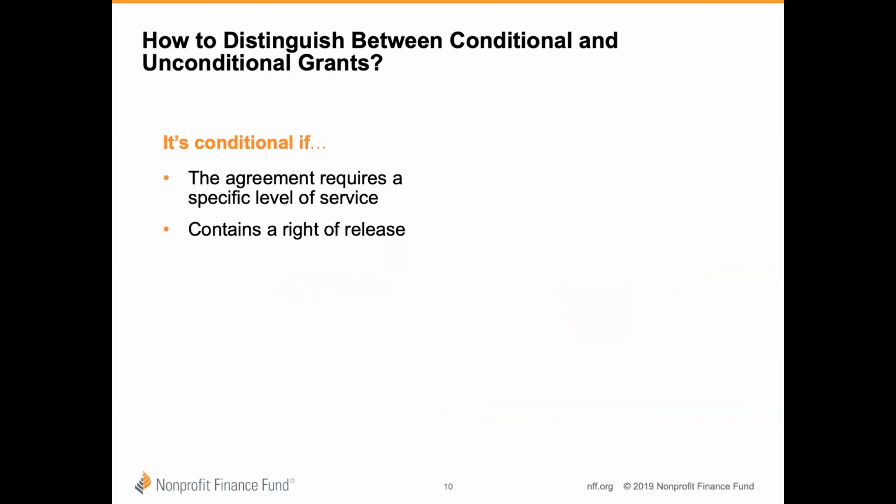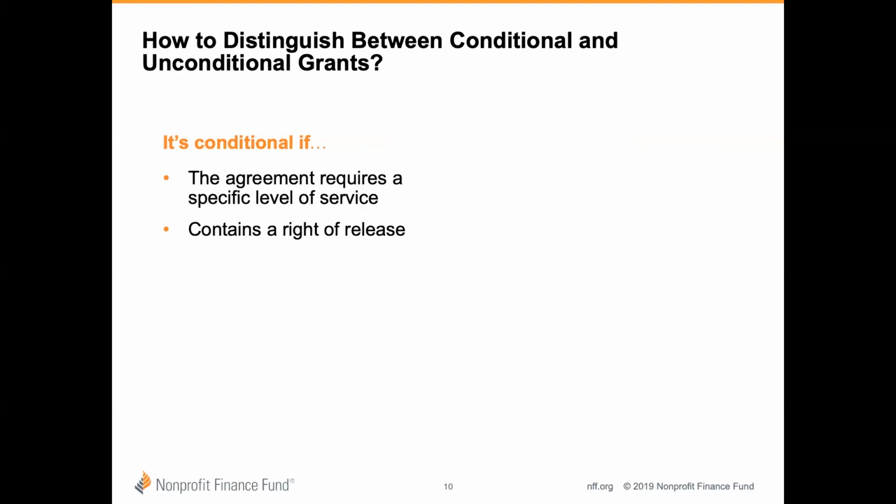The agreement requires a specific level of service, training 30 homeless youth in 6 months with monthly minimum targets of training 5 youth per month. It also contains a right of release from the obligation of providing the funds if the conditions are not met. In this example, both are met.